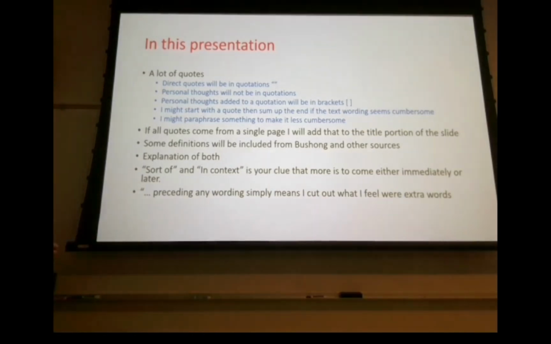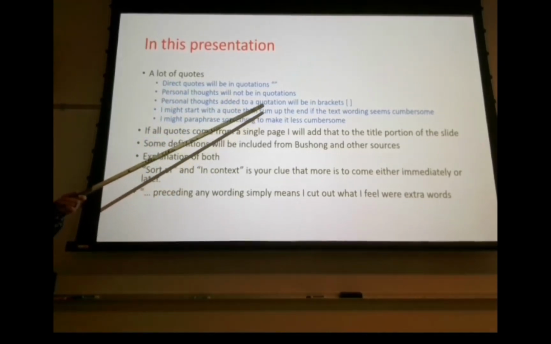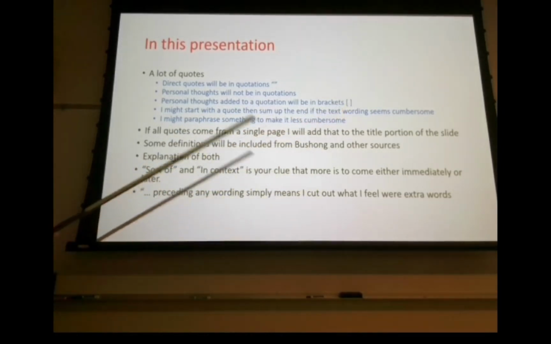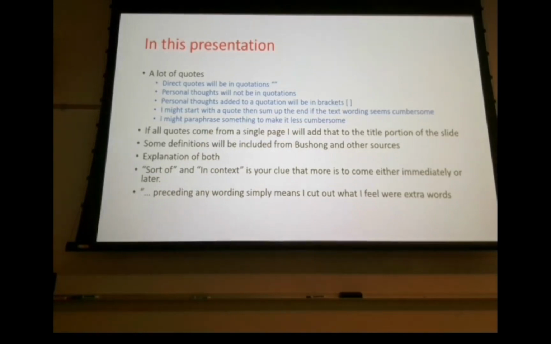So we're going to back all the way up and talk about that. Where you see direct quotes, it's going to be in quotations. If I add personal thoughts, they won't be in quotations, or if they are in the middle of a quote, I'll put them in brackets so that hopefully it'll help to clear it up. And sometimes the wording in some of these quotes just gets cumbersome, so I'll just end a quote and sum up the rest of it.